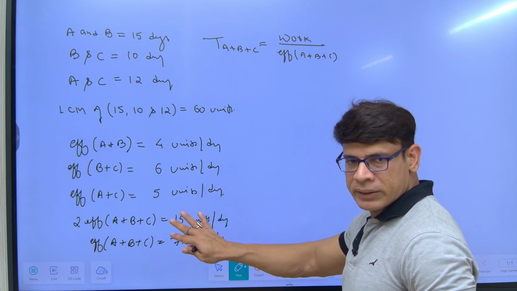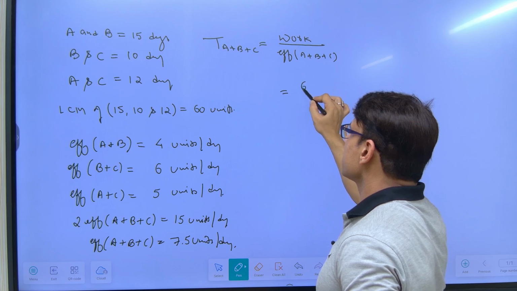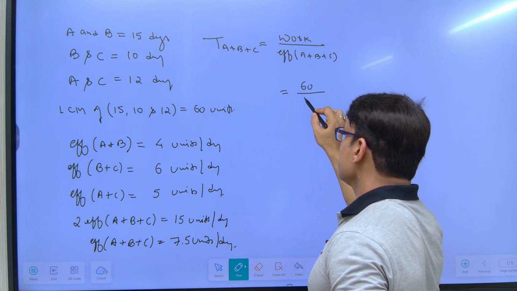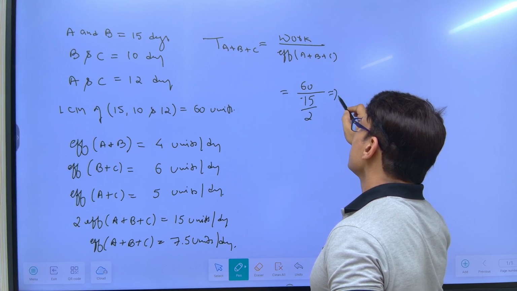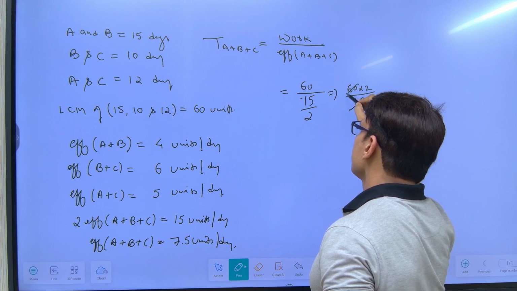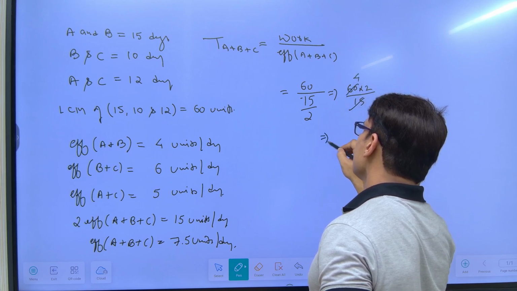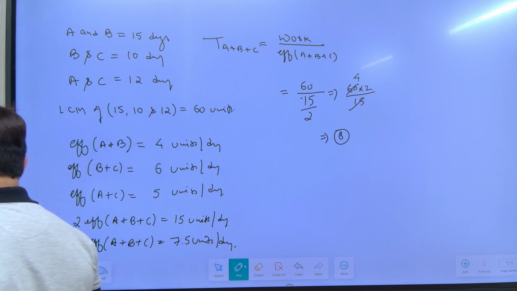You got the answer at this step, because you just have to find this. So total work is 60, and the combined efficiency is 15 by 2, which becomes 60 into 2 by 15, which is 8 days, right?